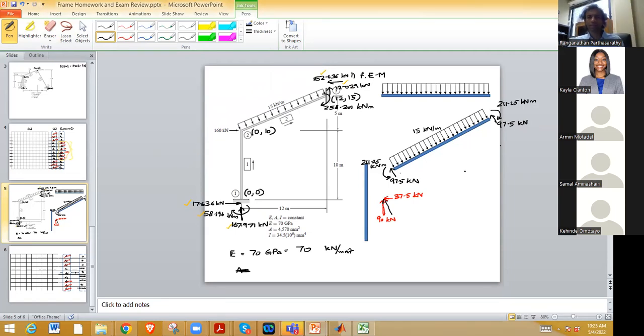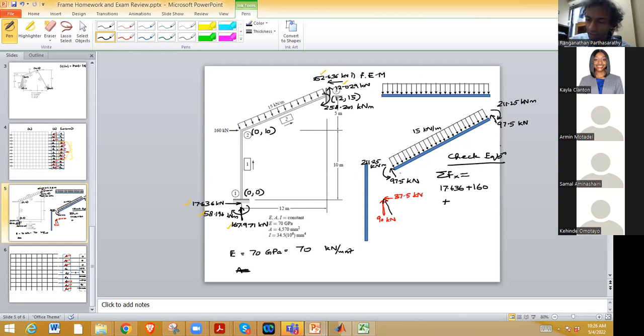Now let's check the equilibrium. So how about sigma Fx? So let's see, you have 17.636 positive, then you have 160 positive, then you have, okay, let's see, this is 15.